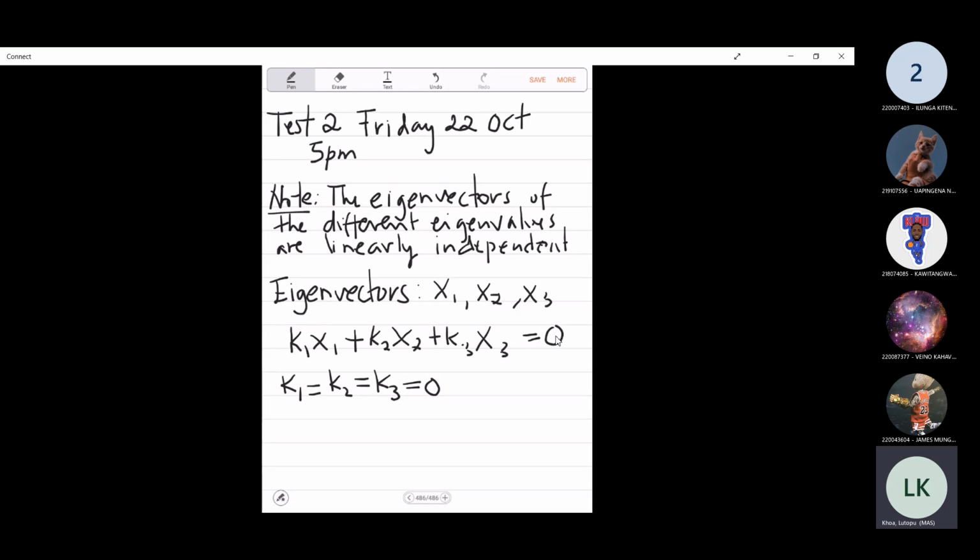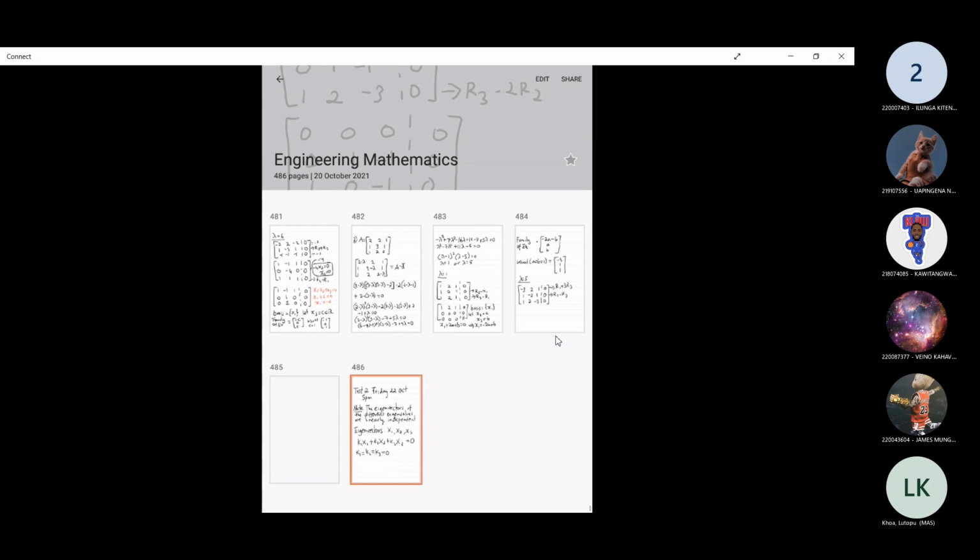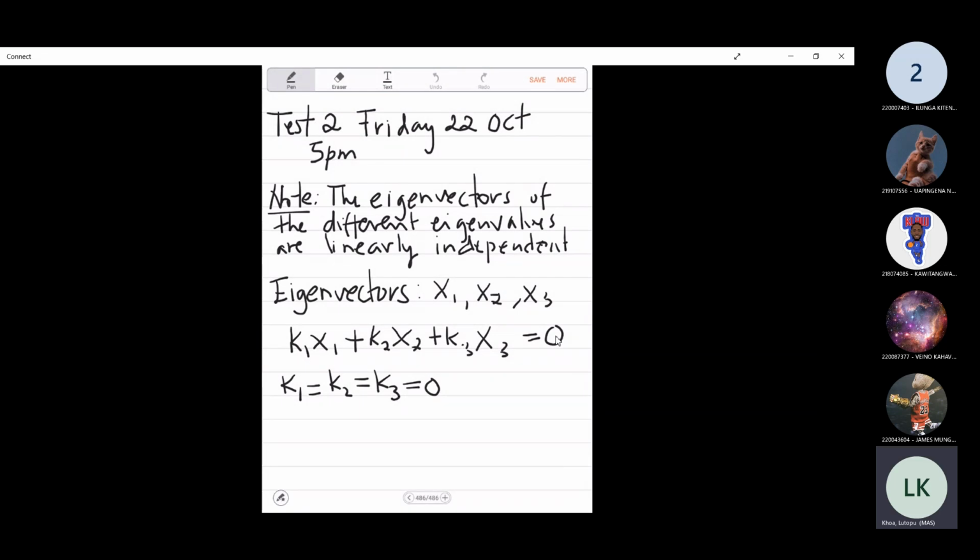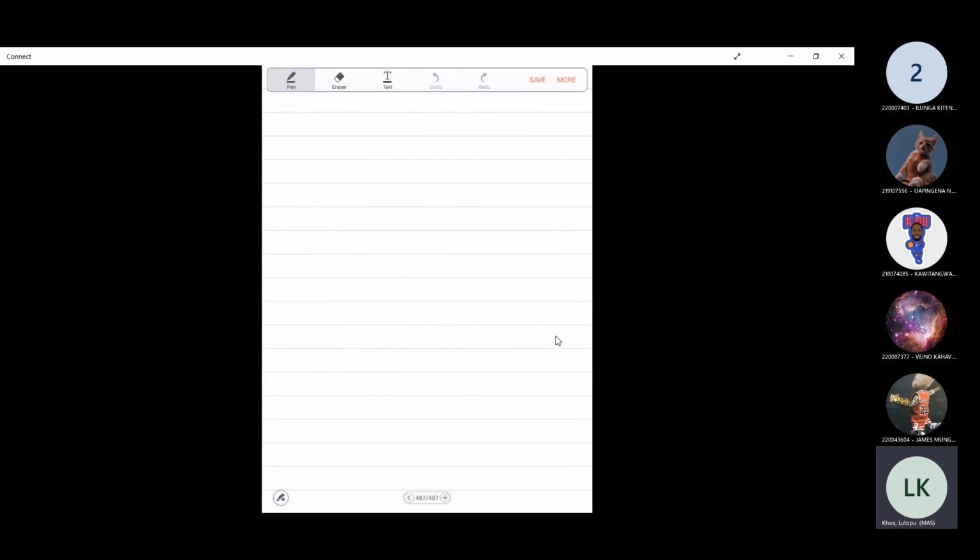Okay, so we did one question here. Let me see if I can find it. Let me just write it down. We had this one. This was our first example. A is equal to 2, 1, 4, and 5. And we then got our eigenvalues.